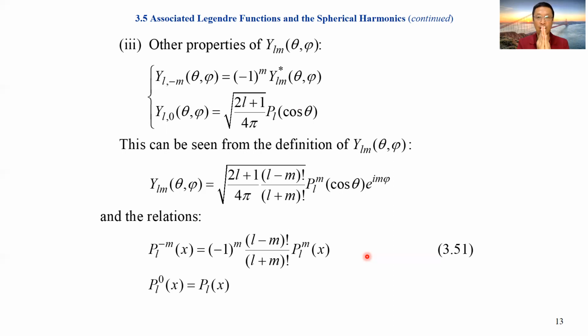That's spherical harmonics. And then I showed you the Legendre polynomials are a complete function set, the associated Legendre polynomials are a complete function set as well, and spherical harmonics are a complete function set. And we, as users, will apply this property to the problems we are going to solve.